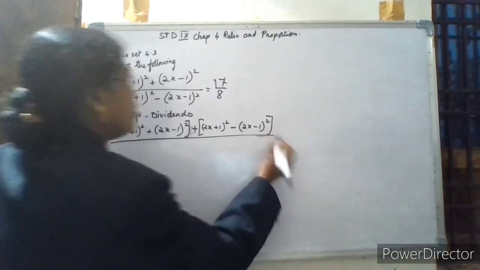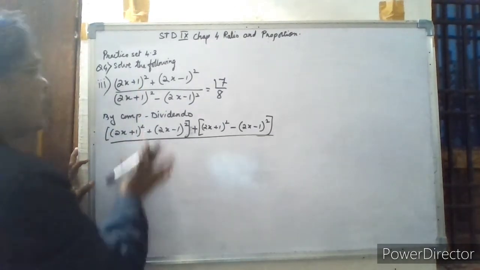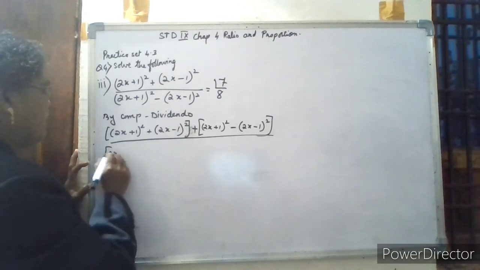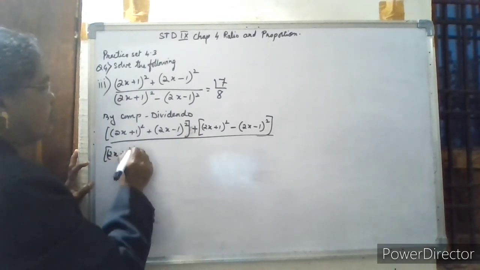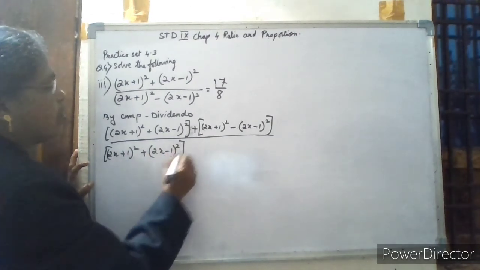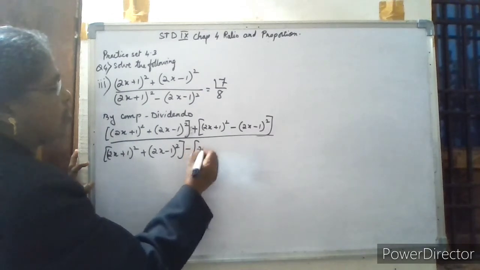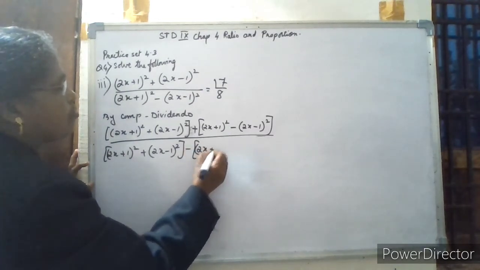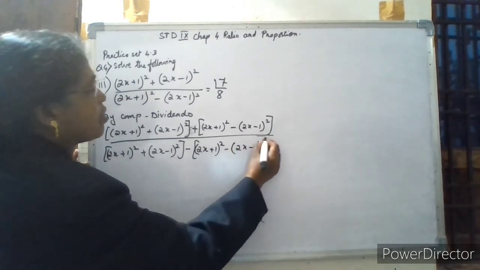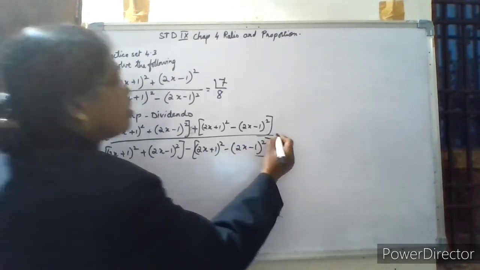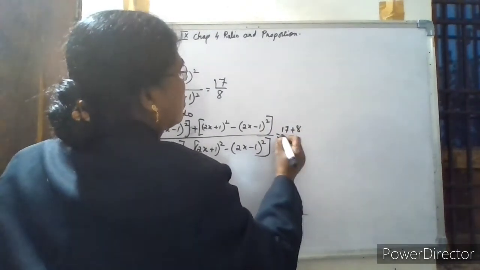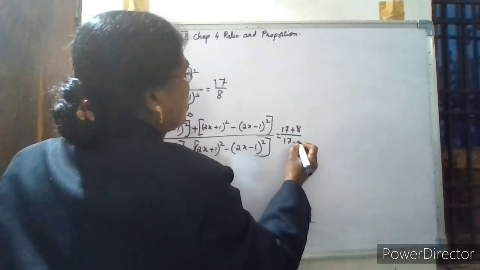The same thing will be done here, but here only the minus sign: (2x + 1)² plus (2x − 1)² over (2x + 1)² minus (2x − 1)². This is equal to 17 plus 8 componendo and 17 minus 8.